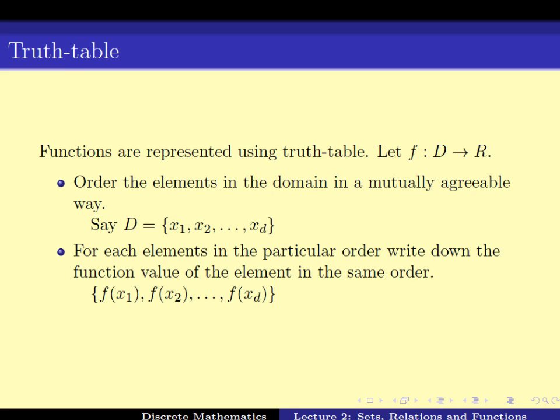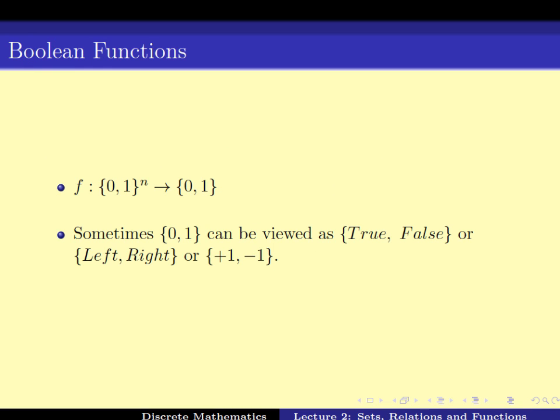Now, in this course, there will be one particular type of function we will be looking at a bit more carefully. These are called Boolean functions. Boolean functions are functions where the domain set is {0, 1} to the n, the n-dimensional hypercube, and the output is 0 or 1. This 0, 1 can be viewed in different ways.